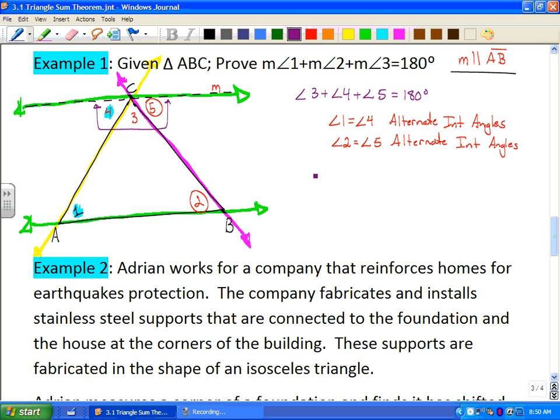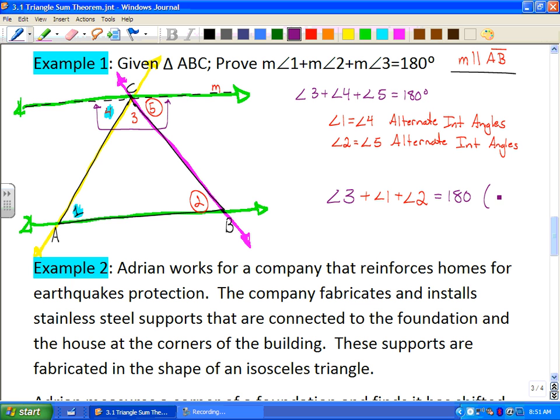Now, if we know that angle 1 equals angle 4, angle 2 equals angle 5, then what I can say is angle 3 plus angle 1 plus angle 2 will equal 180 degrees.